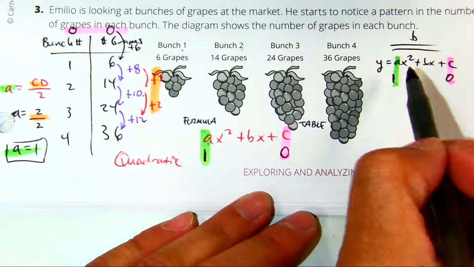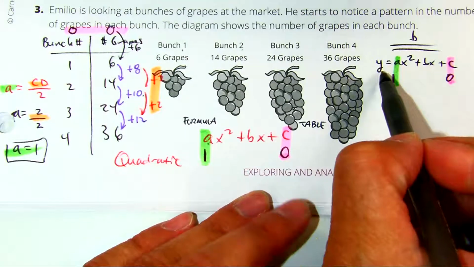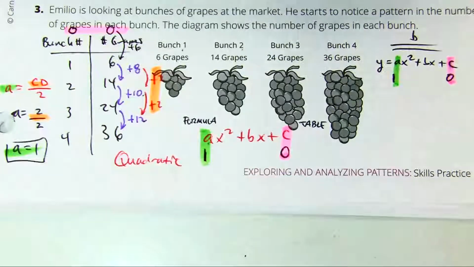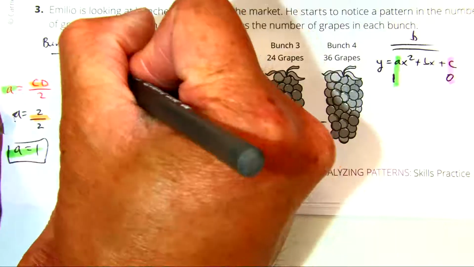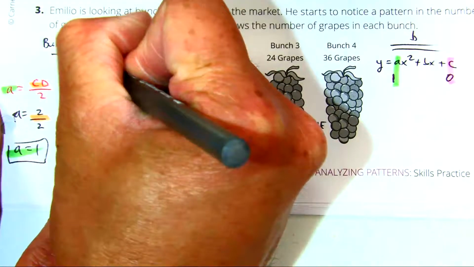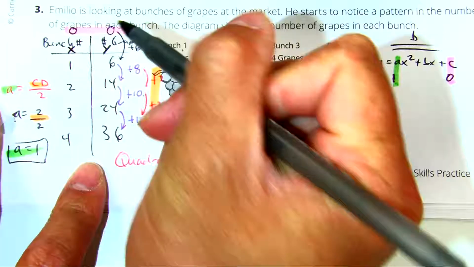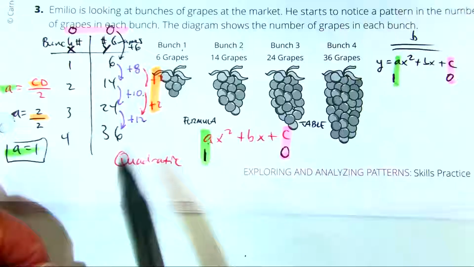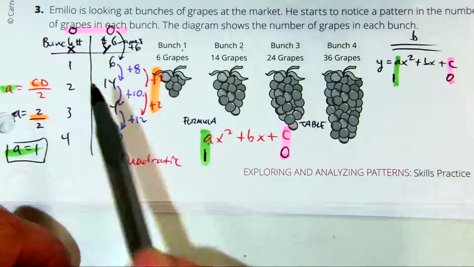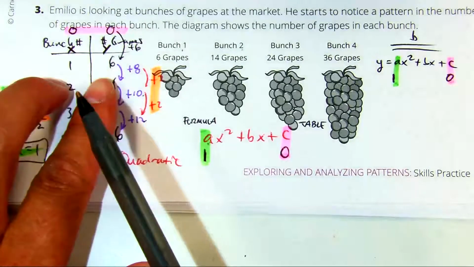And the x and the y, point to an x and a y on our work here. The x's and the y's represent a table of values. This is called a table of values, and there are ordered pairs. And Tina picked 1 and 6, which was a great choice.